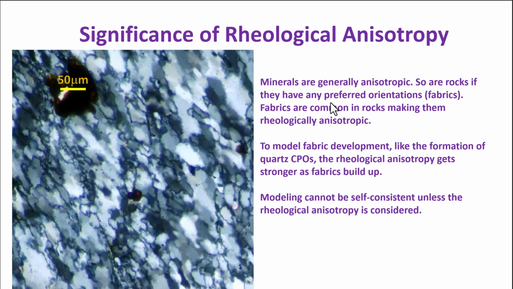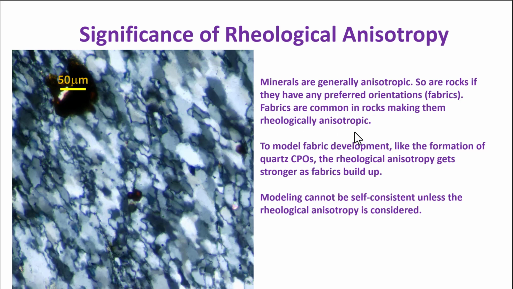However, rocks usually have preferred orientations. If the quartzite has a foliation, like this case, the quartz grains have preferred orientations, then the elastic property of the material will be anisotropic. So most rocks must be expected to be anisotropic rheologically.